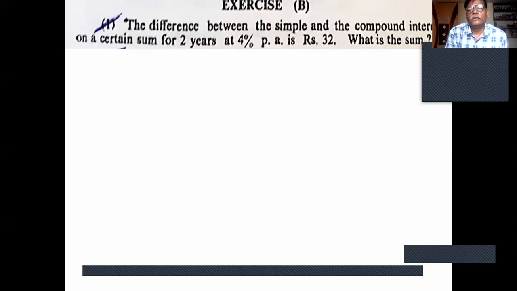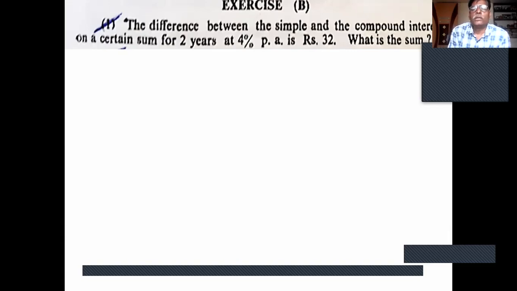The difference between simple interest and compound interest is rupees 32. Then what is the sum? What is the sum means what is the principal? They ask to calculate the principal value.